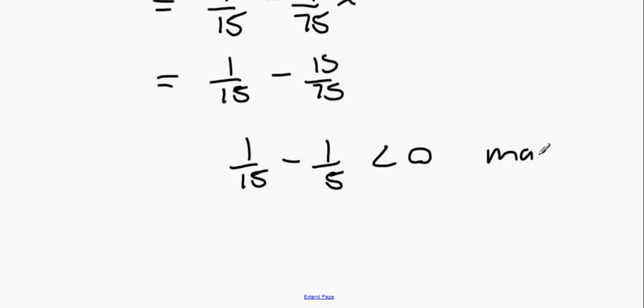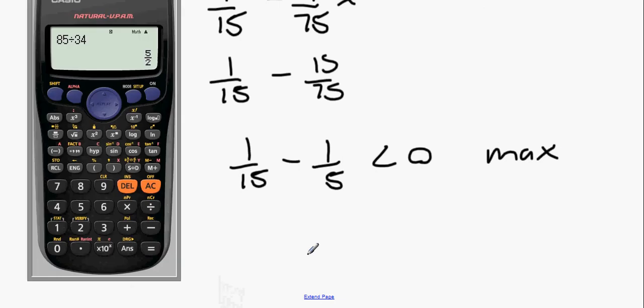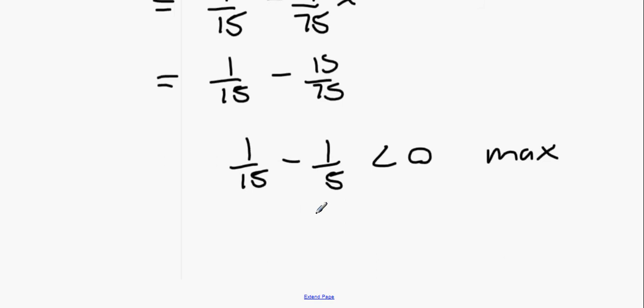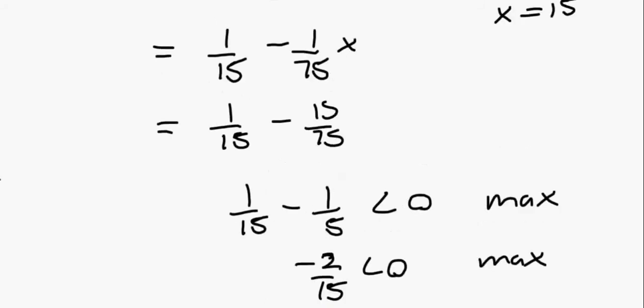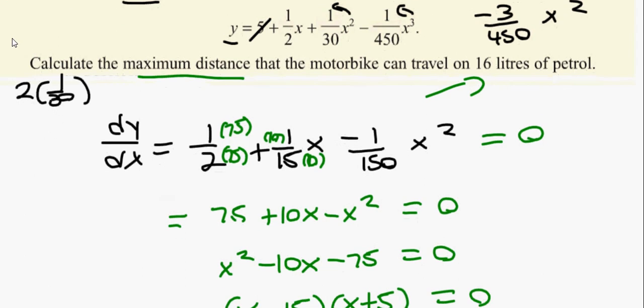So this means it's a max. So we're happy enough with that being the max. Because it's 1 over 15 minus 1/5, we get minus 2 over 15, which means it's a maximum. So that's a max.